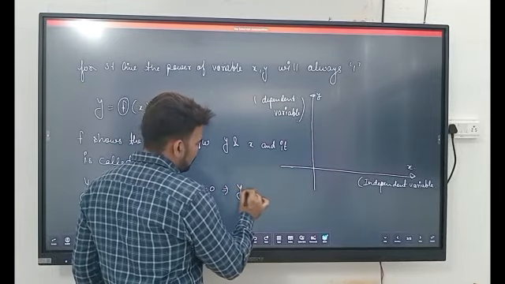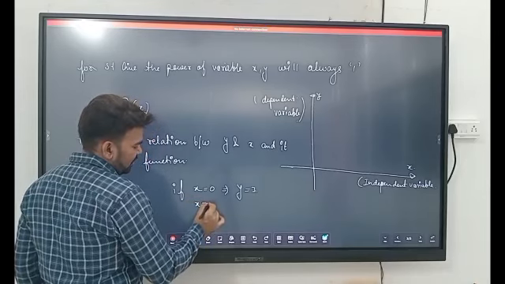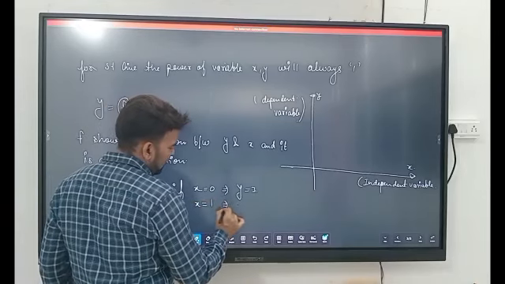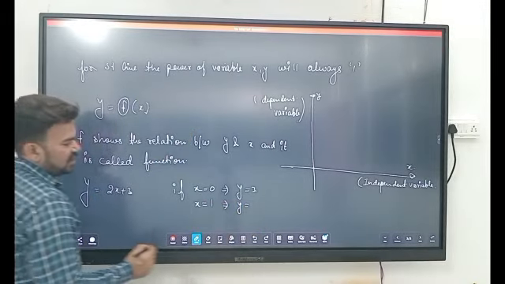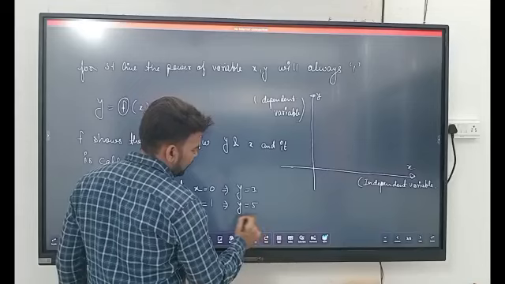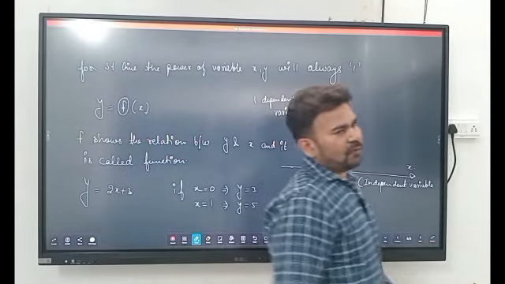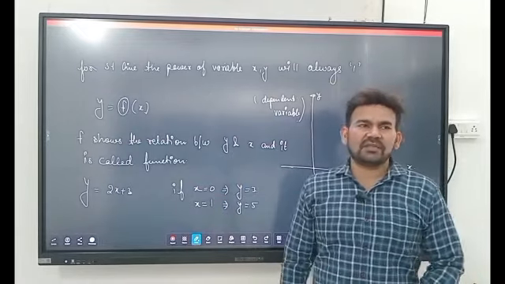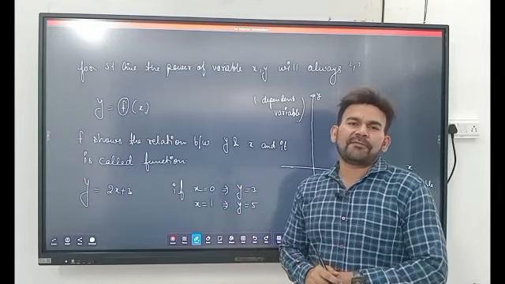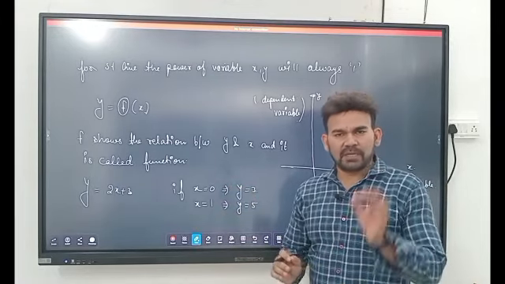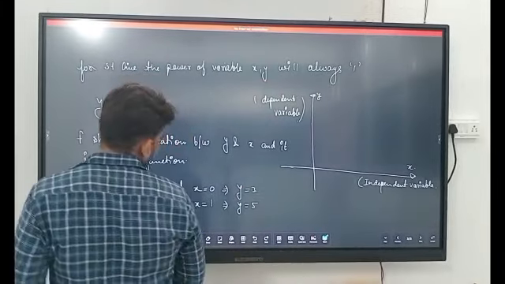So y will be 3. Similarly, if x is 1, then y equals 2 into 1 plus 3, which is nothing but 5. Got that? Similarly, many data points can be found in the same manner. So what we are getting from here is that in a linear equation, or in the case of a straight line, for a particular value of x we get a single value of y, right? So it is the property of the straight line, you can see that.